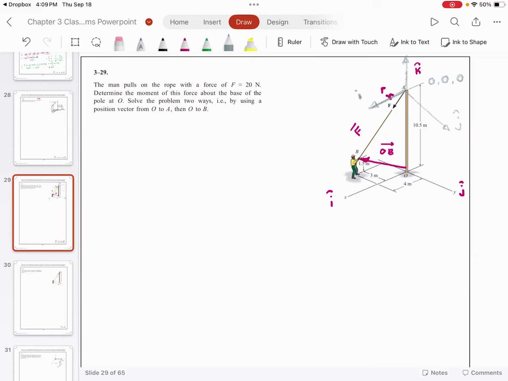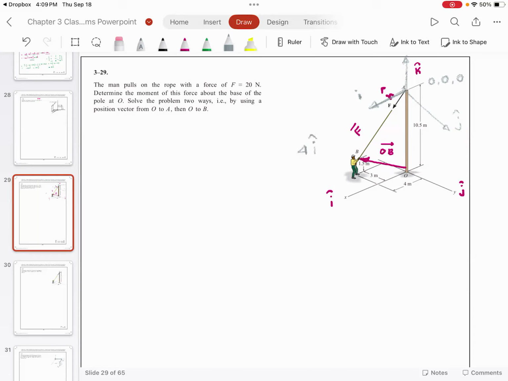To go from point A to point B, I need to travel 4 units in x direction.